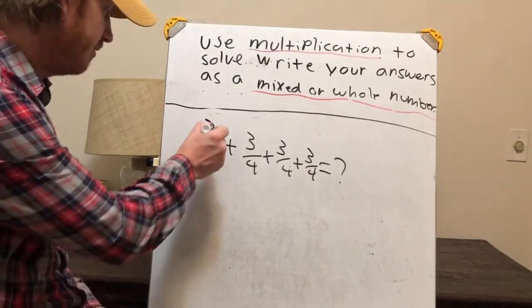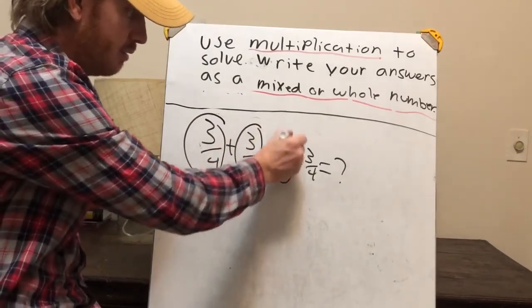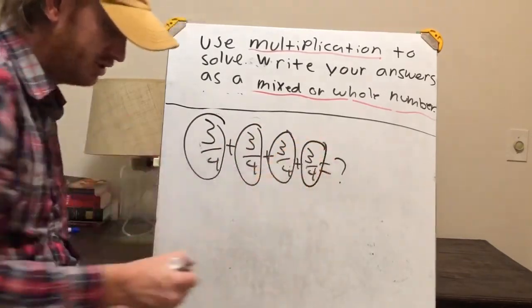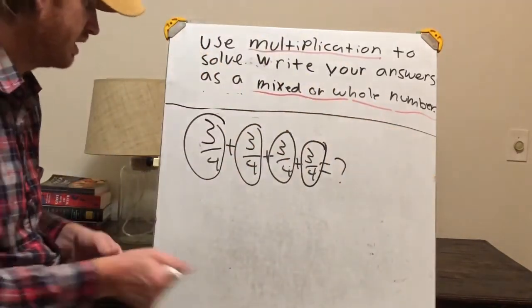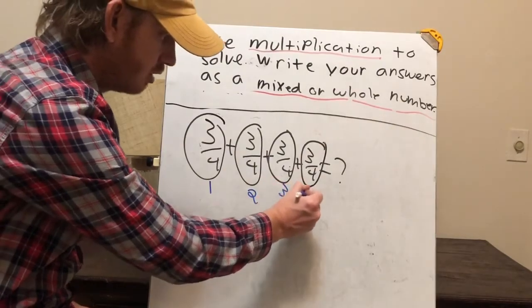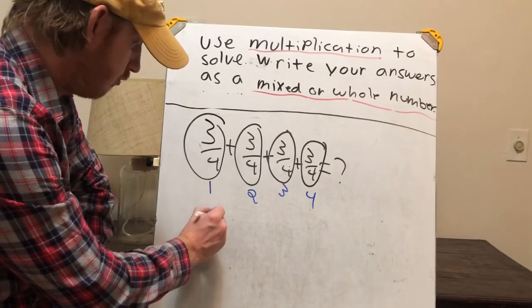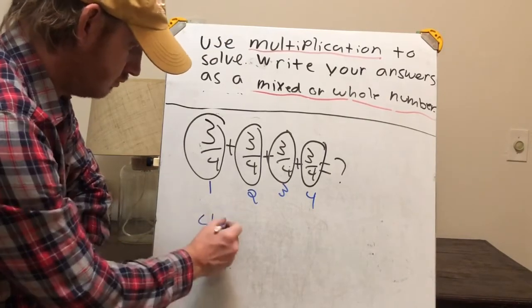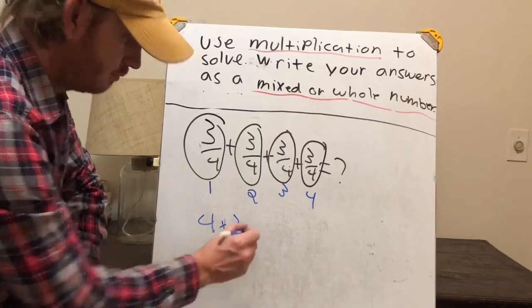So I have 3/4 plus 3/4 plus 3/4 plus 3/4. And from what I can see, that gives me 1, 2, 3, 4. So I have 4 times 3 over 4.